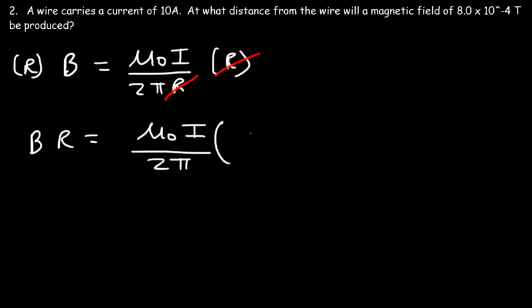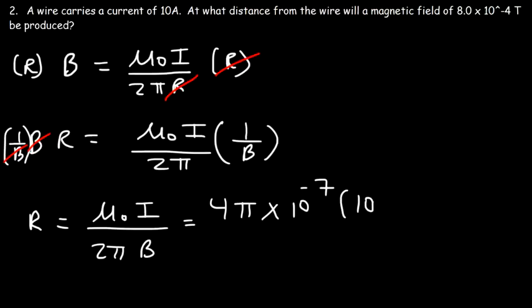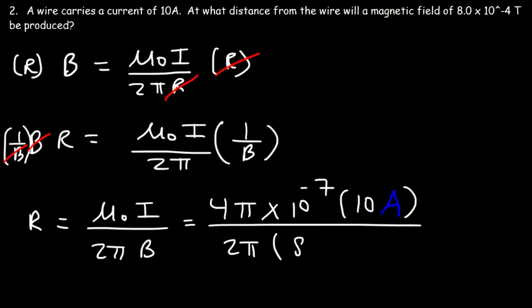Now let's multiply both sides of the equation by 1 over B. If we do that, on the left side, B will cancel. So the distance is going to be mu 0 times I divided by 2 pi times B. So it's 4 pi times 10 to the minus 7 times a current of 10 amps, divided by 2 pi times the strength of the magnetic field.